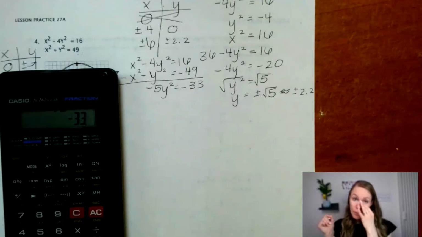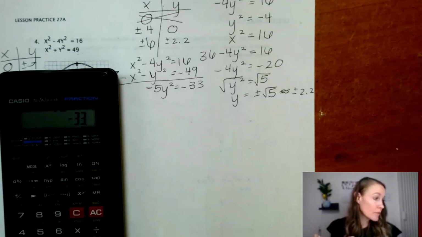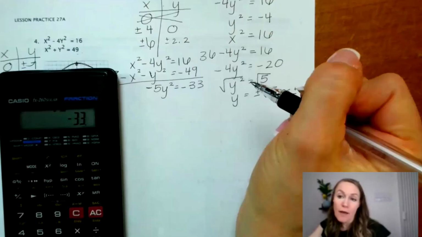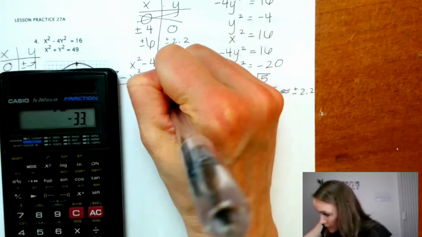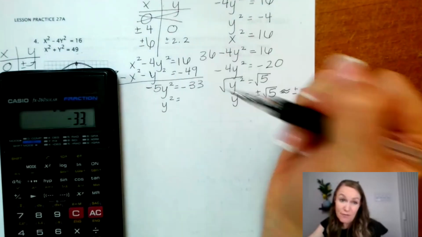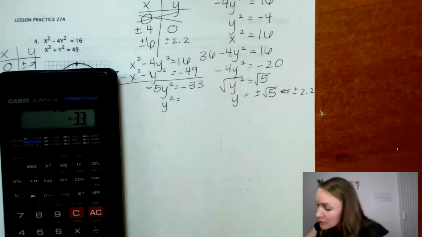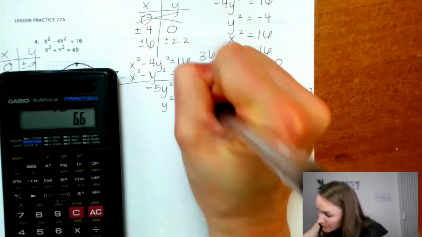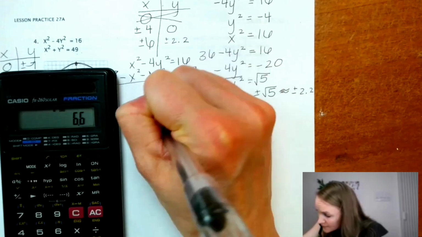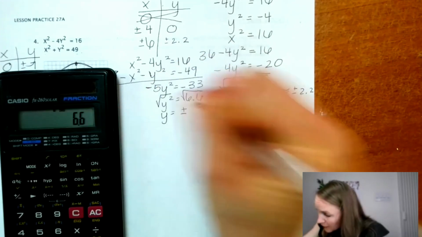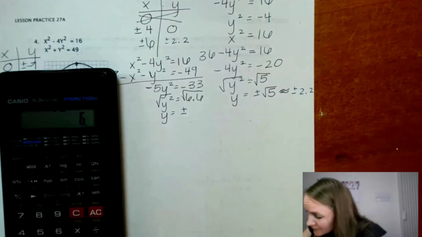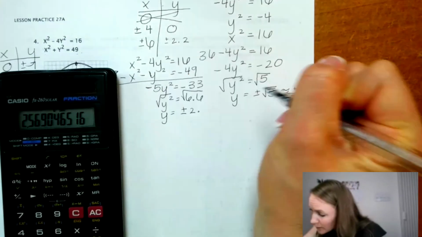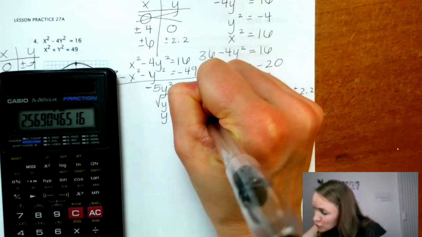Okay, this is looking pretty promising here. So I'm going to divide by -5 on both sides. So y squared equals, then I have a negative divided by a negative, which is a positive 33 divided by 5, which is 6.6. And then I'm going to need to square root both sides. I have y equals plus minus 6.6 square rooted, which is about 2.5-ish.